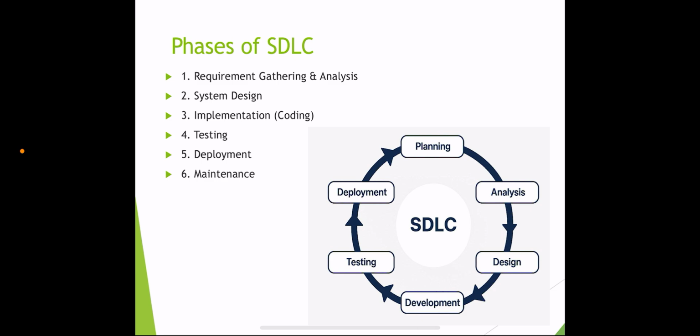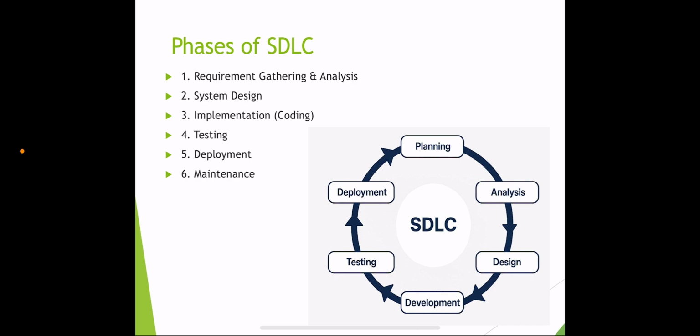So once the requirement gathering and analysis is completed in the planning and analysis phase, after that this requirement is given to the actual implementation team, which consists of the development team as well as the testing team.